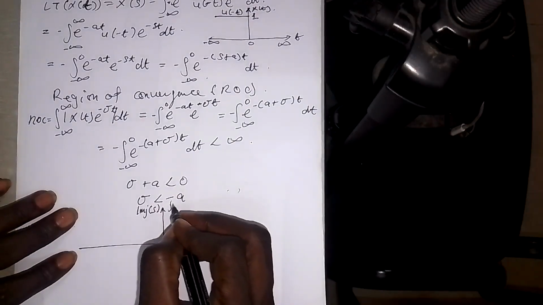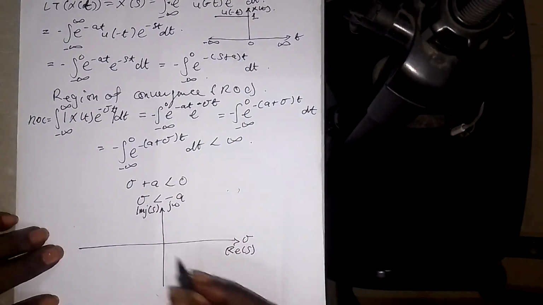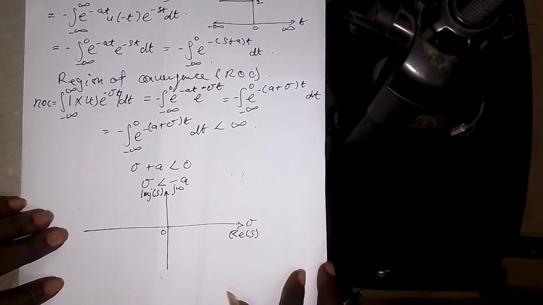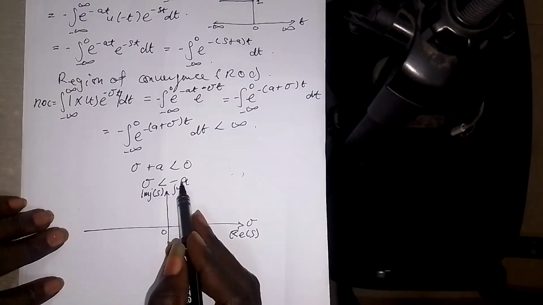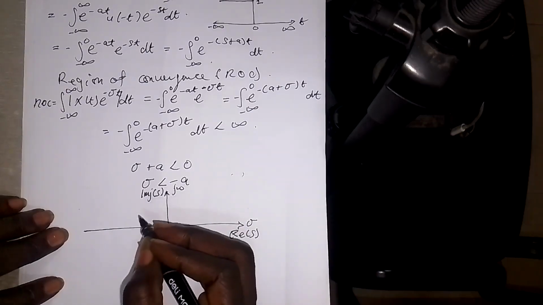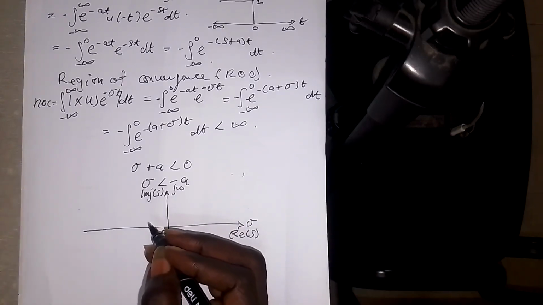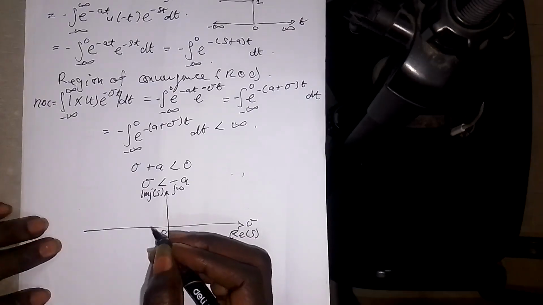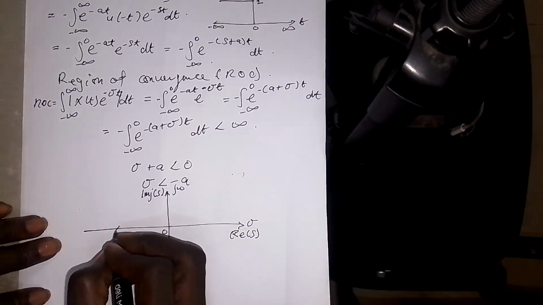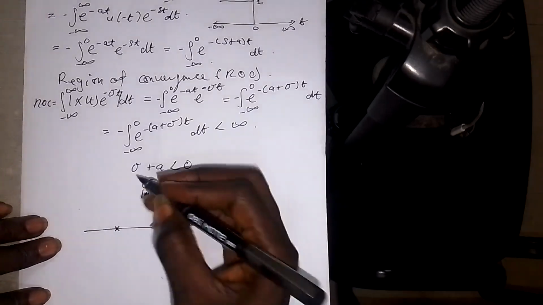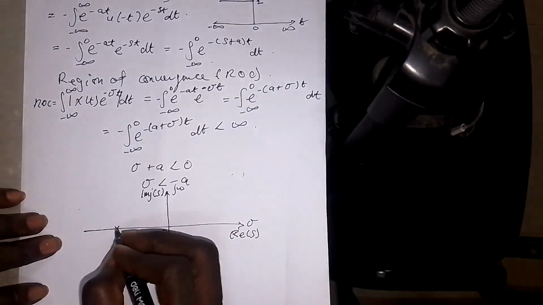Here is 0. So where is minus a? Here I have sigma less than minus a. Minus a is a point that will lie at the negative side. So minus a will be somewhere here, and I will just draw a broken line through.